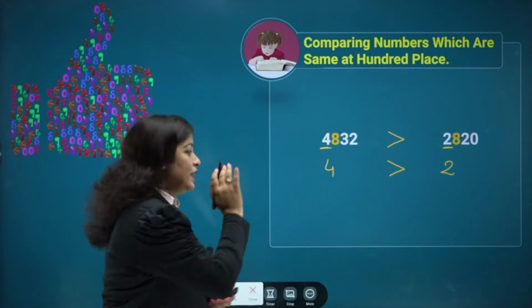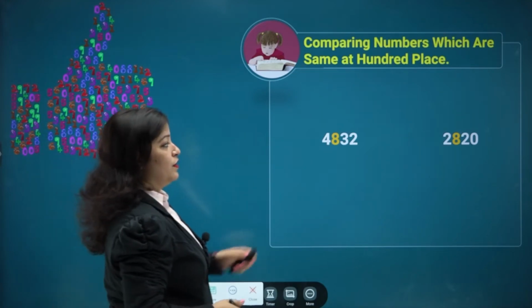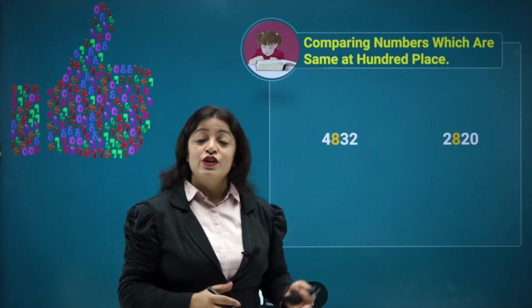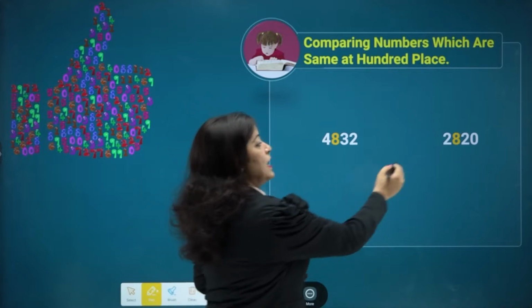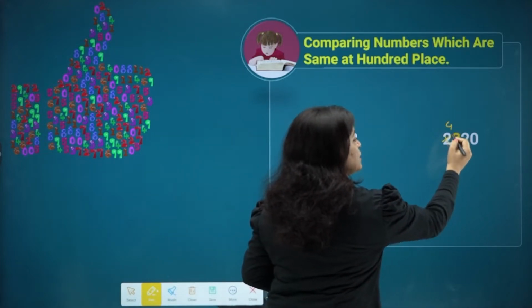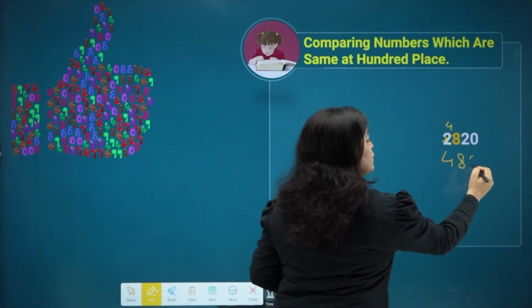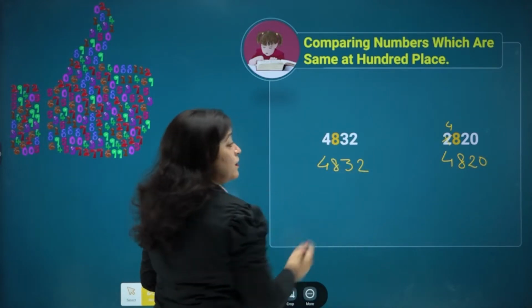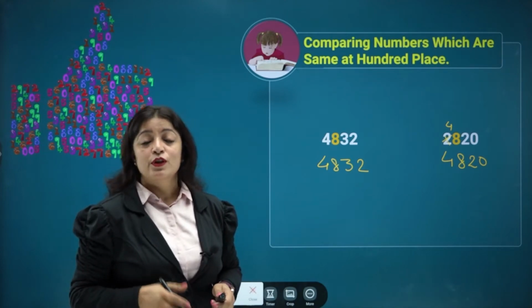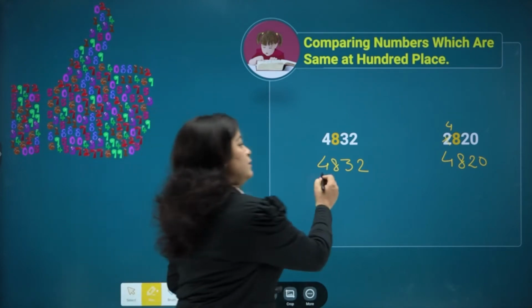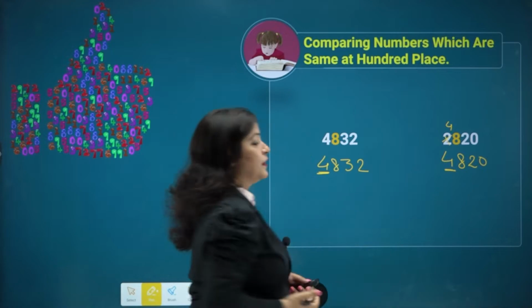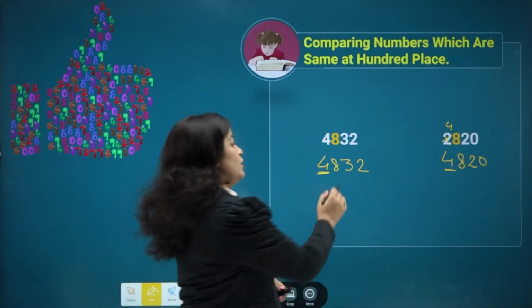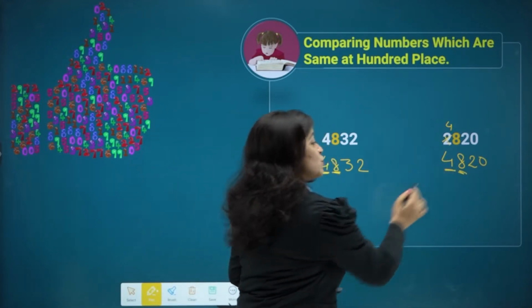Now suppose in the same question, the thousands digit is also the same, like if this is 4 and this is also 4, that means if the new number is 4820 and this is 4832, then which of them is bigger? Here we notice again that 4 and 4 are the same, the thousands place is the same, and the digit on the hundreds place is also the same.